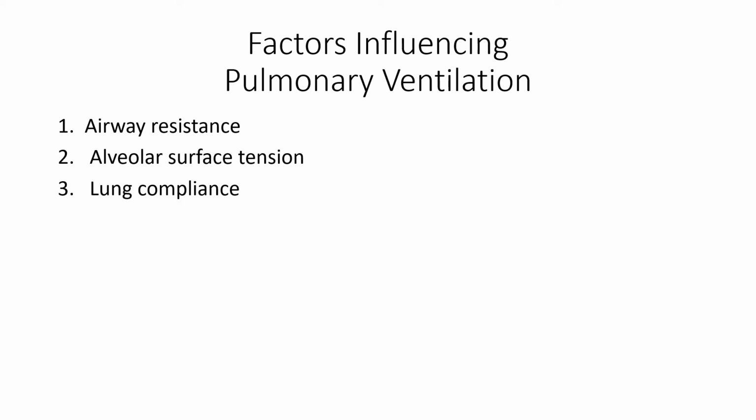Just a couple of things to keep straight here in terms of what influences pulmonary ventilation. There is airway resistance. Let's imagine a bronchial passageway for just a moment. If you have mucus or inflammation that causes a constriction of that pathway, that may restrict the flow of air that comes into your lungs. We also have alveolar surface tension.